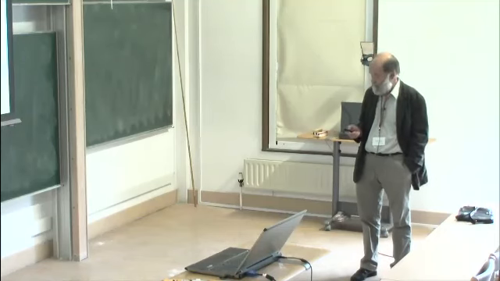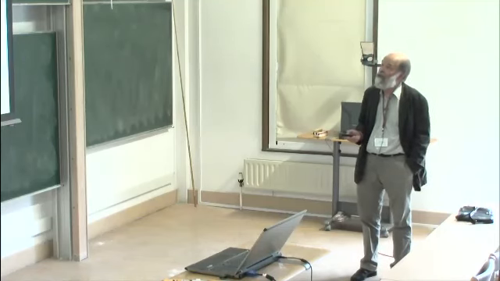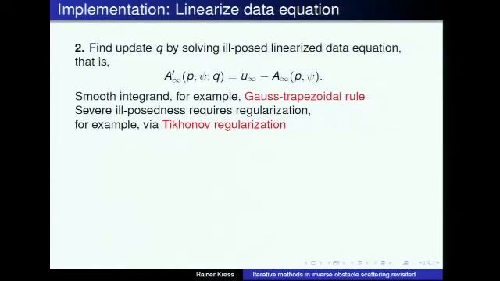So this is reasonably fast. And then in the second step, we have to solve this ill-posed linearized data equation. It has a smooth integrand, so we can use the Gauss trapezoidal rule. We are living on a sphere, but this ill-posedness requires some regularization.